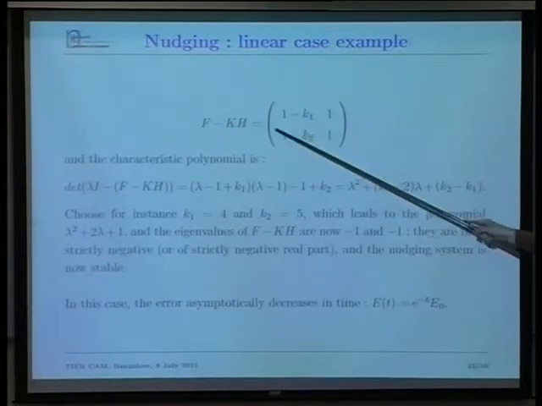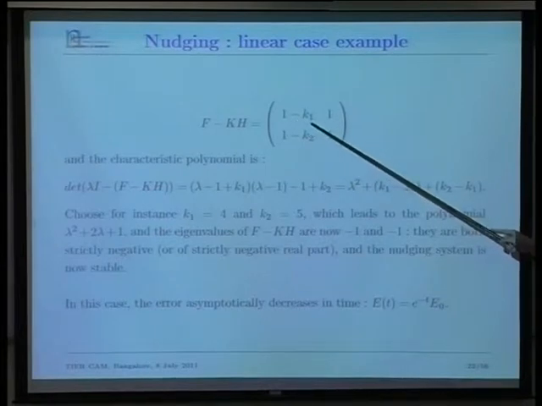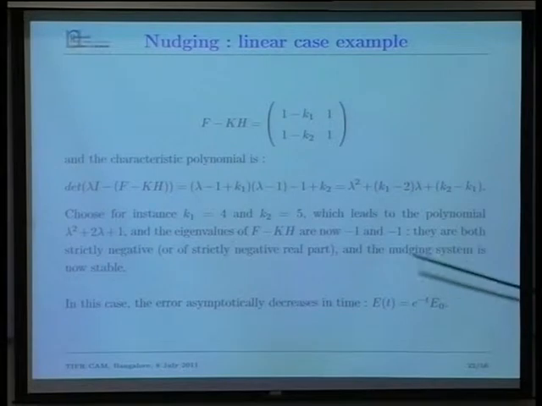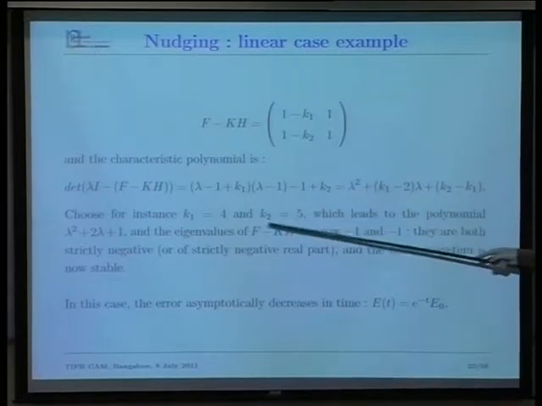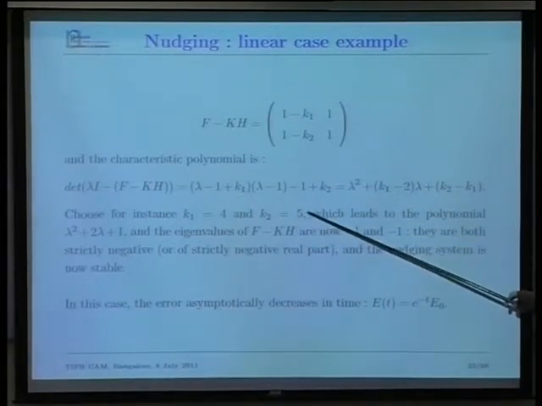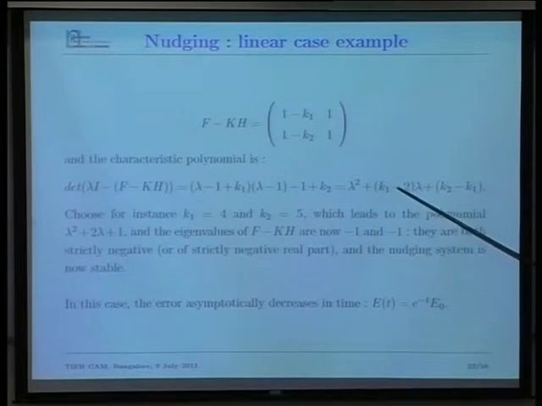So f minus kh is this, 1 minus k1, 1 minus k2, 1 and 1. And the characteristic polynomial is this one. And we can see that, for instance, if we choose k1 equal to 4 and k2 equal to 5, then here you have 2 and here you have 1, and then you get lambda plus 1 squared.